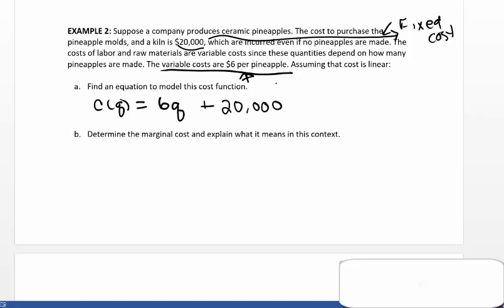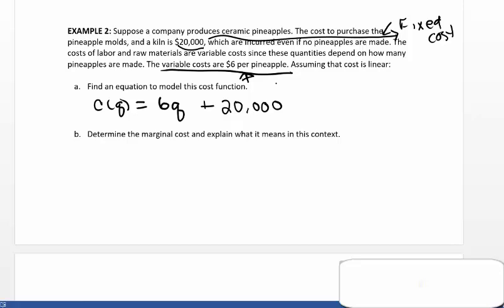So our cost is 6Q plus 20,000. So if we were to make, say, 1,000 pineapples, we would plug in a 1,000 for Q, and then our total cost would be $26,000.